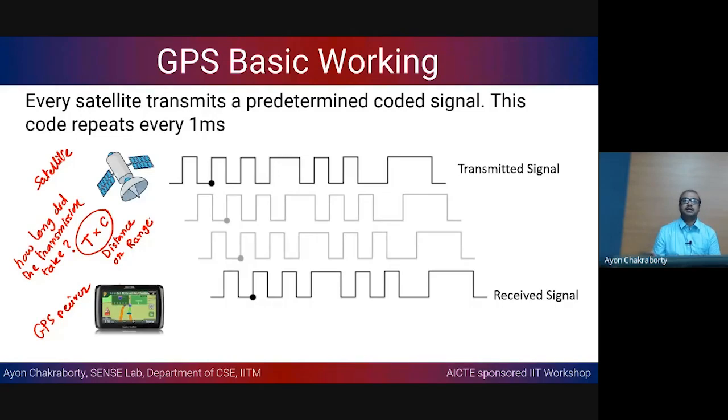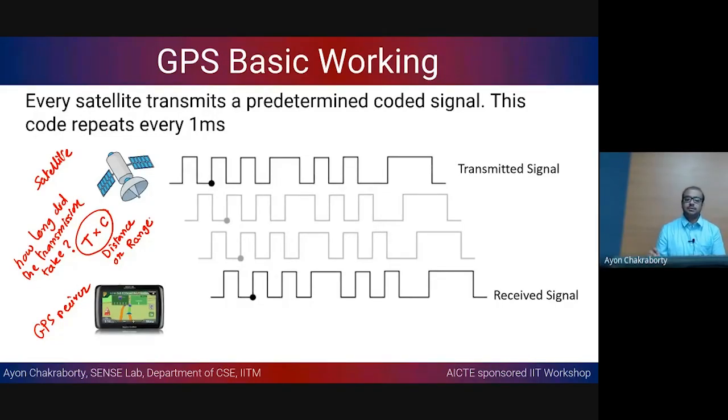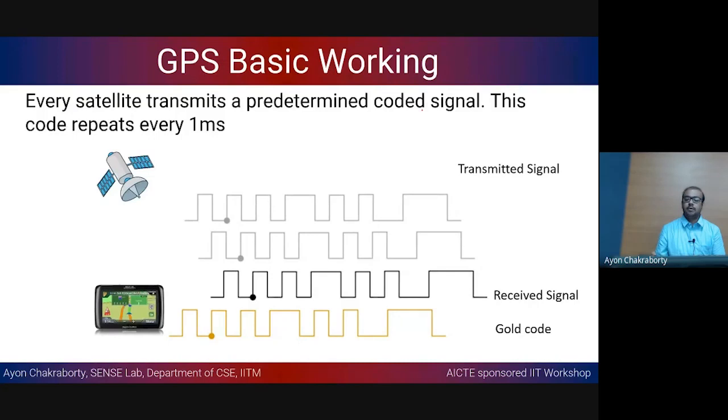Now what the received signal is going to do is compare that with a predetermined coded signal. That is how the predetermined coded signal comes in here. I already know what is going to be transmitted, which is often known as the gold code.